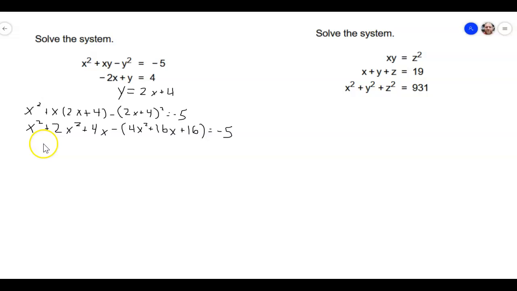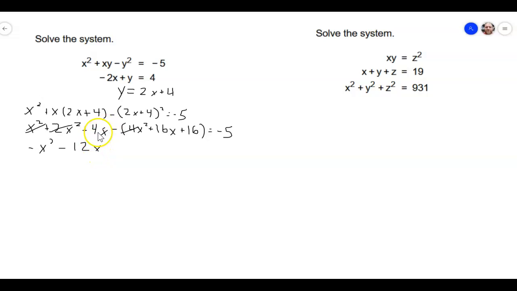So that's going to give me a negative x squared term here. I have a 4x here, and I have a minus 16x there, so that's going to end up giving me a minus 12x.